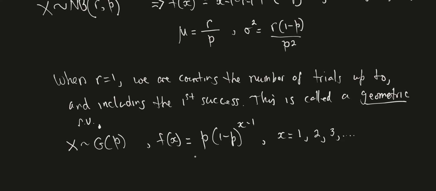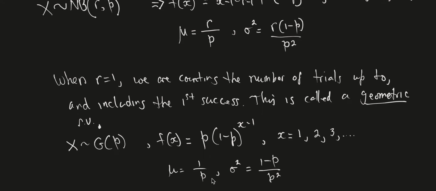Then your mean ends up being 1 over p, and your variance ends up being (1 minus p) over p squared. I don't have to put that in parentheses now since it's just being multiplied by 1.